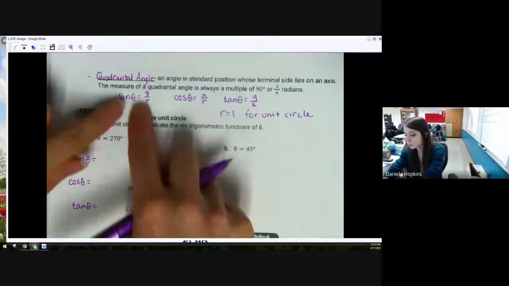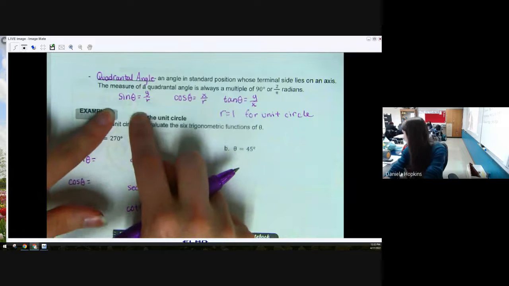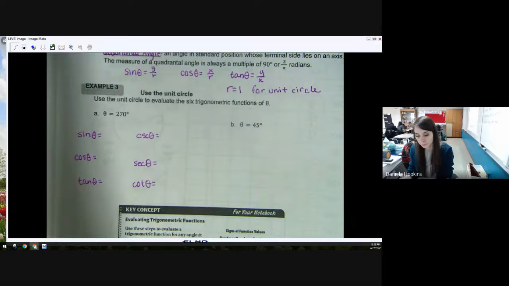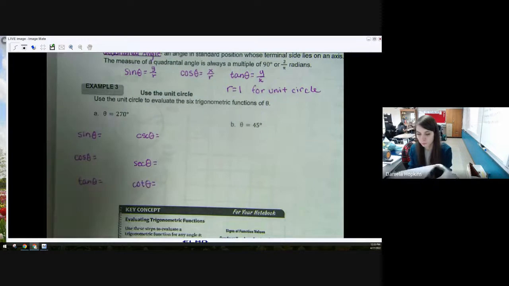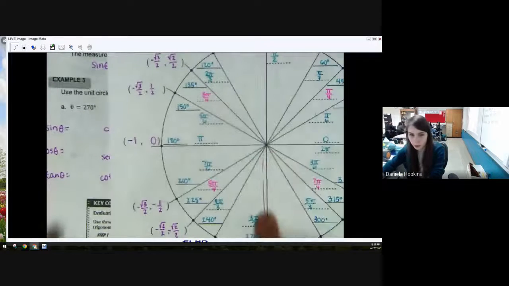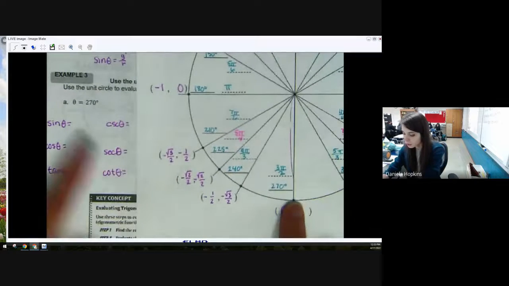Because if they're reciprocals, remember, if the sine is y/r, cosecant's going to be r/y, right? Okay, so sine of 270. If you look at your unit circle, 270 is down here. This is a quadrantal angle. It's on this axis. So sine, by definition, is y over r.